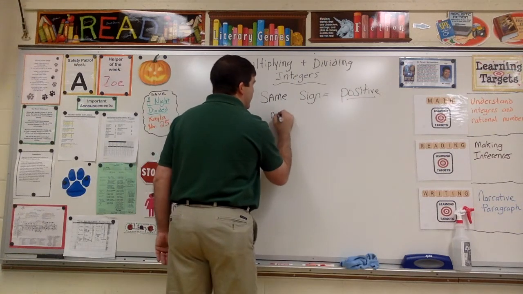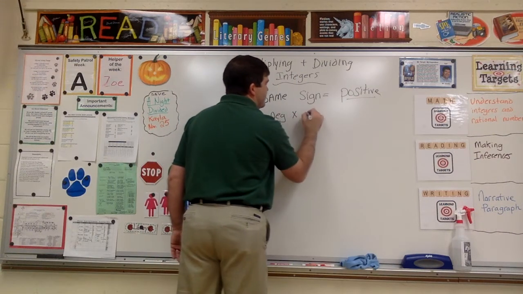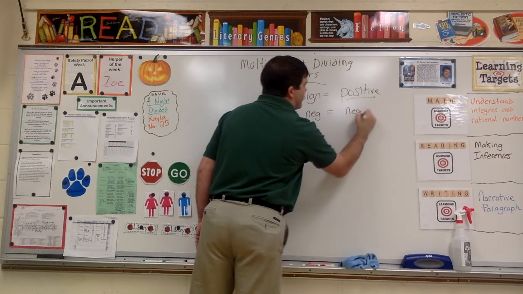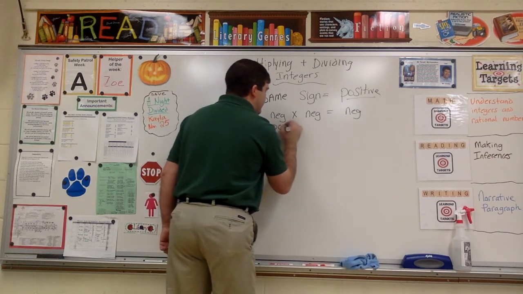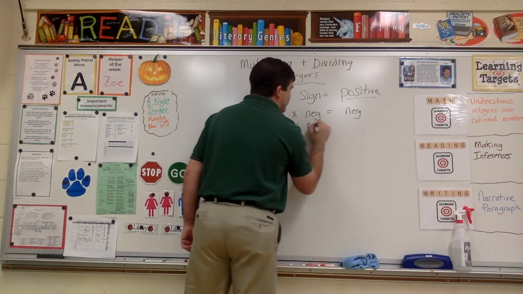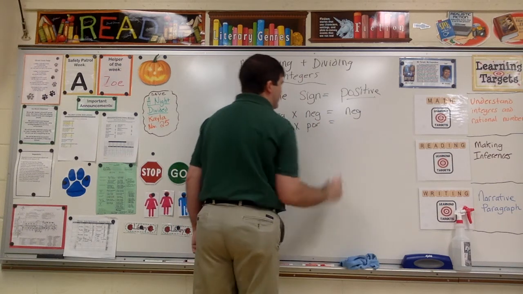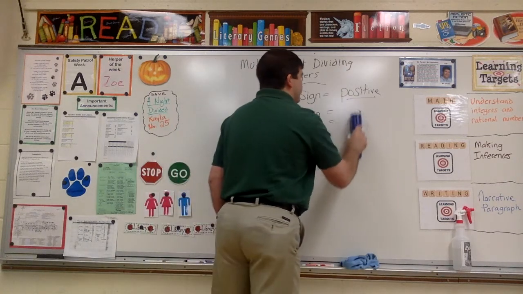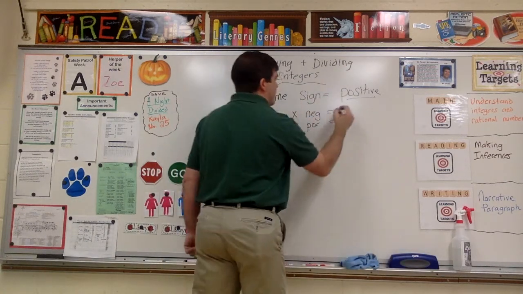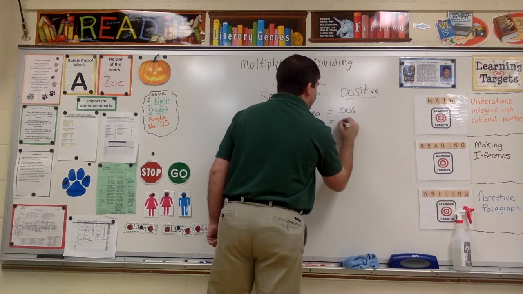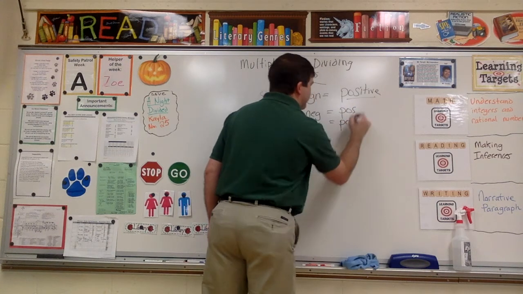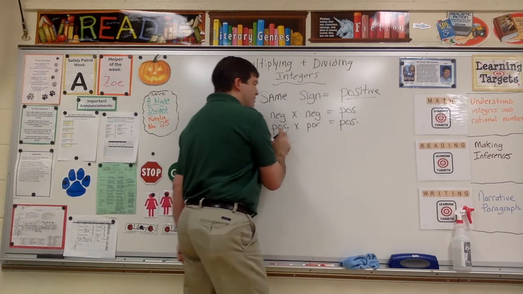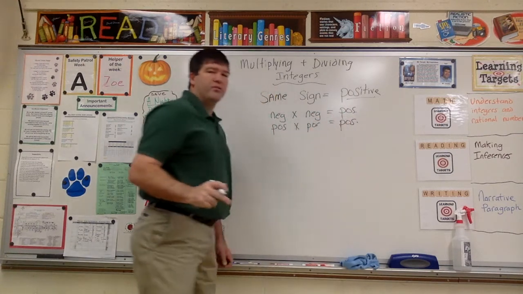So you might have a negative times a negative, you're going to get a negative number. Or a positive times a positive, you're going to, oops, I did it wrong. I hope you noticed that. Positive. Negative times negative will always get you positive. Positive times positive will always get you positive.